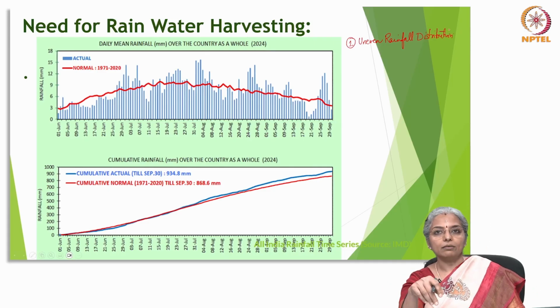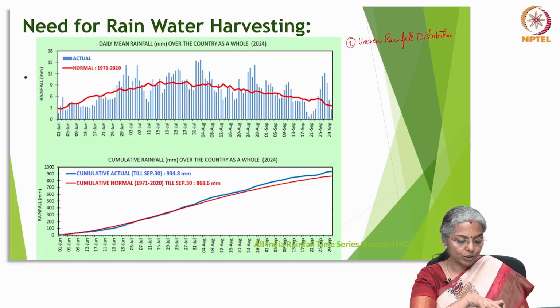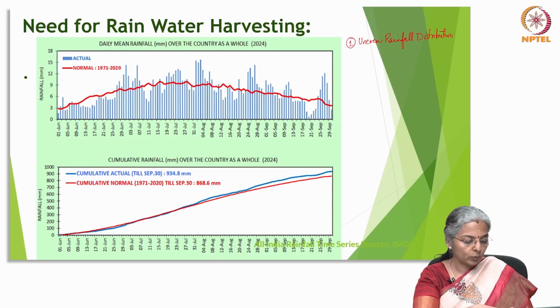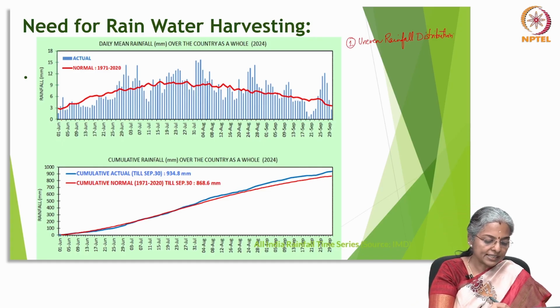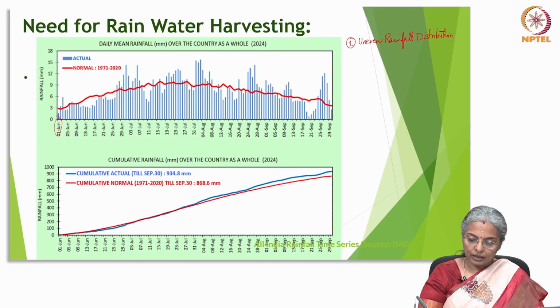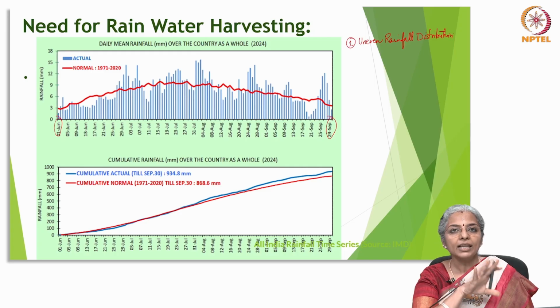If you see the daily mean rainfall graph that I have shown here, say for between the month of June to September, the rainy season for the country, this has a lot of fluctuations.